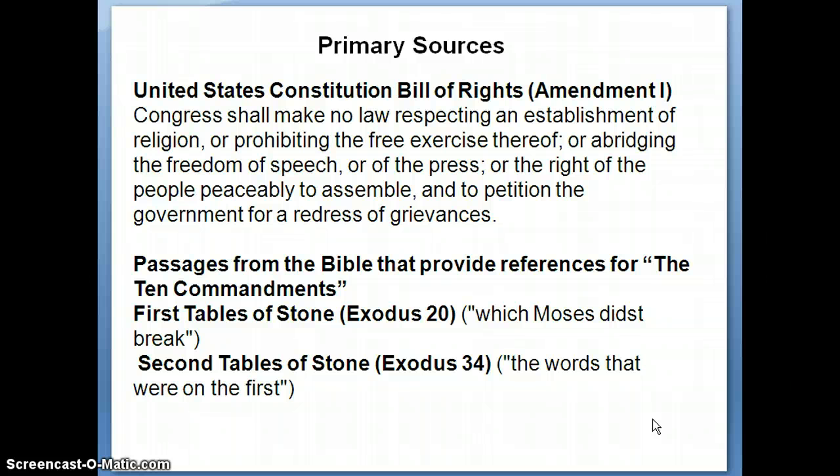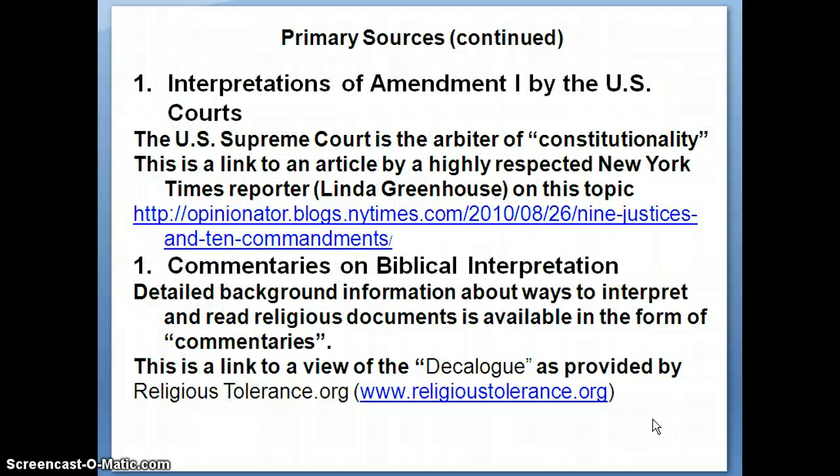I've printed two direct sources because there are at least two places in the book of Exodus that have to do with the Ten Commandments. So you can see that there are sources of material on both sides of the issue that we need to deal with.